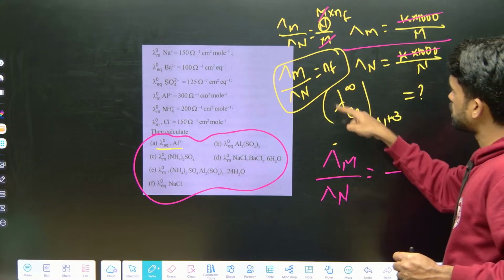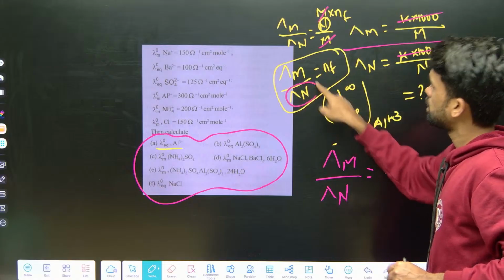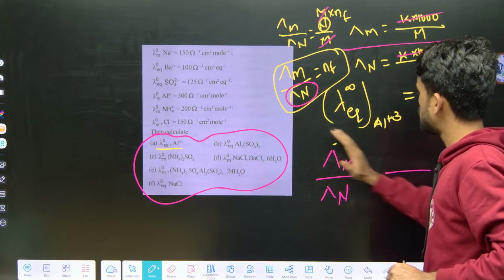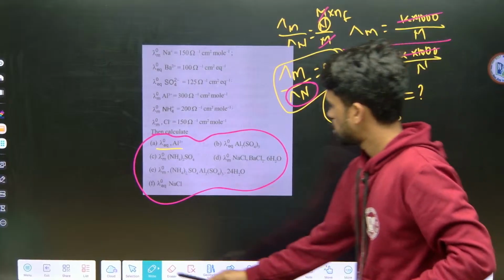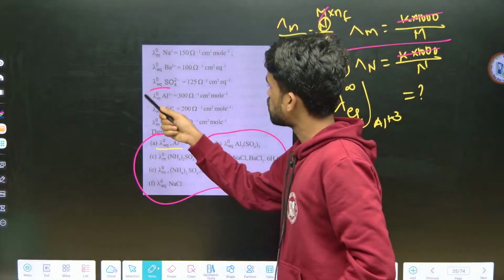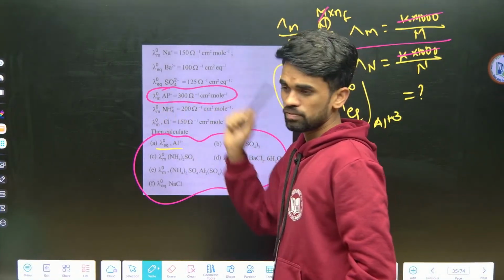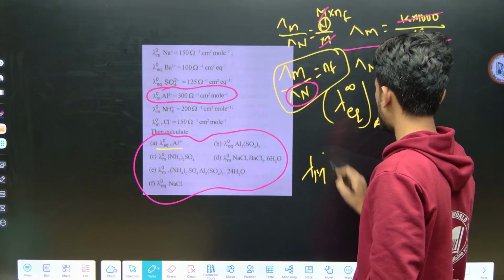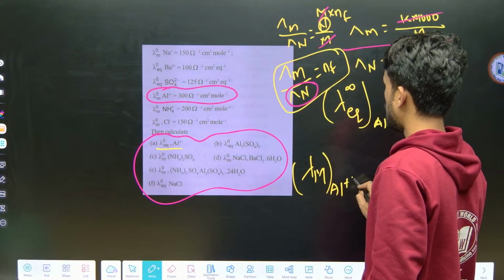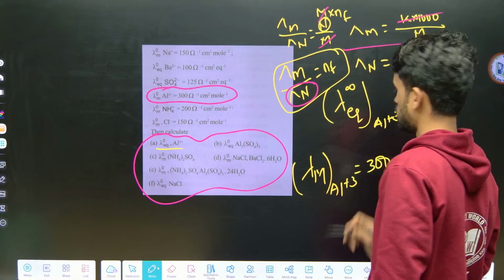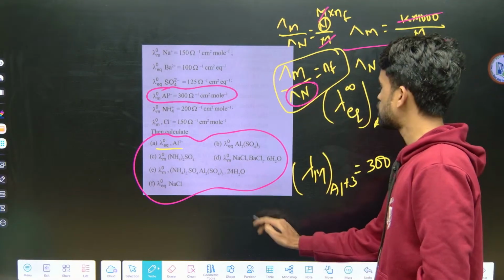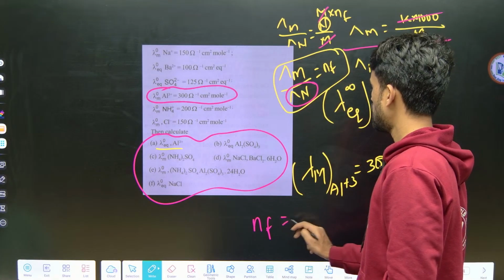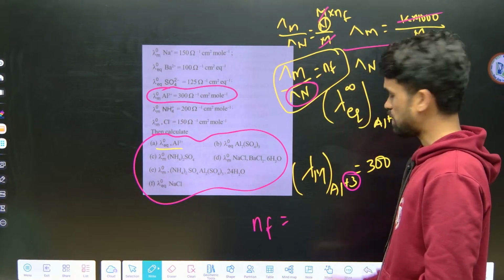They are asking about del equivalent, it means del N. So how do you get this? By n factor. They have given the molar conductivity of aluminium plus 3, del M, as 300. What is the n factor for aluminium? What is the charge present on it? That will be its n factor.